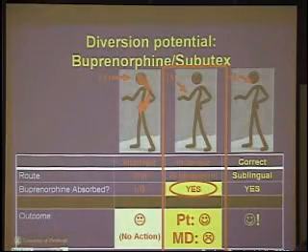Let's talk about the mono product and why we're using the combination product, Suboxone, for the treatment of opiate dependence. Why do we add naloxone to the formulation? This slide talks about the pure mono product, Buprenorphine or Subutex. You could take it 3 routes. You could do pararectal, but I don't think many people would do that.